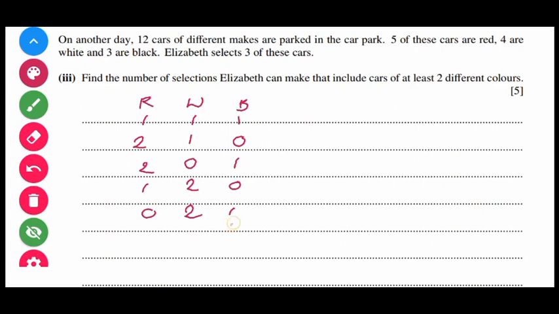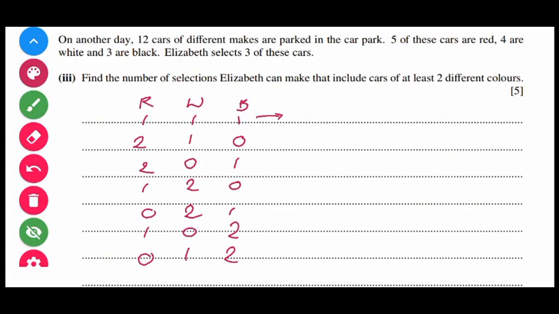Or there are two blacks, one red, zero white. There are two blacks, one white, zero red. Okay, now how do you find these answers? Using selection, you have to find out these answers one by one.